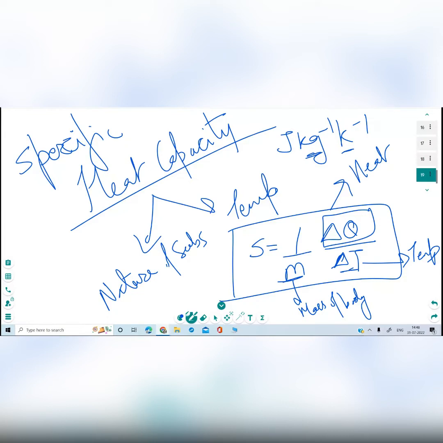Correct? What is that the unit for? Joules per kg per Kelvin.